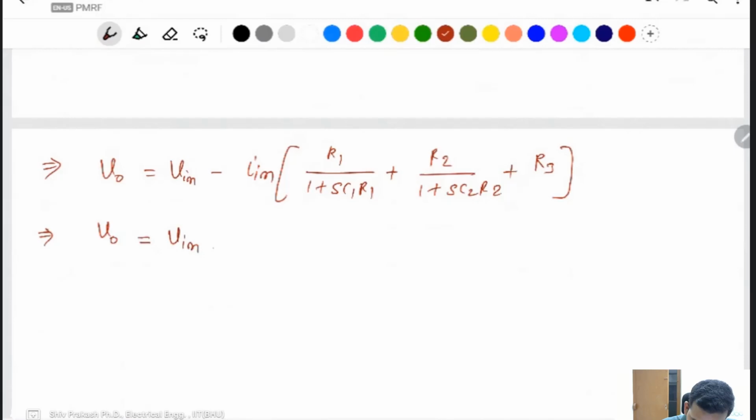V in minus I in. If you take SC1 R1 common like that, you will not find it.